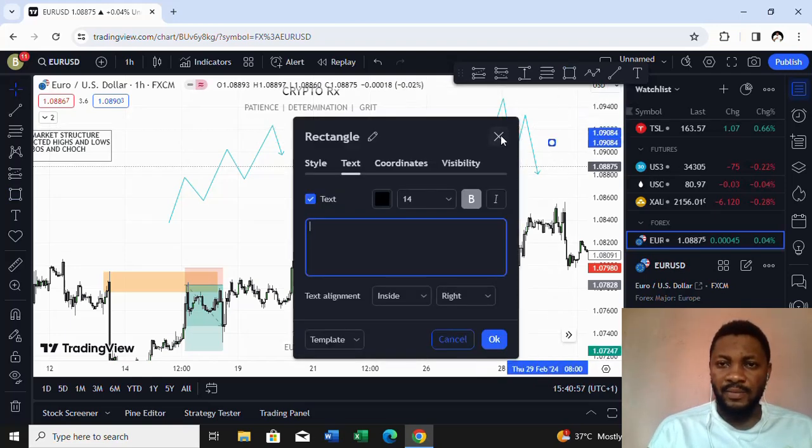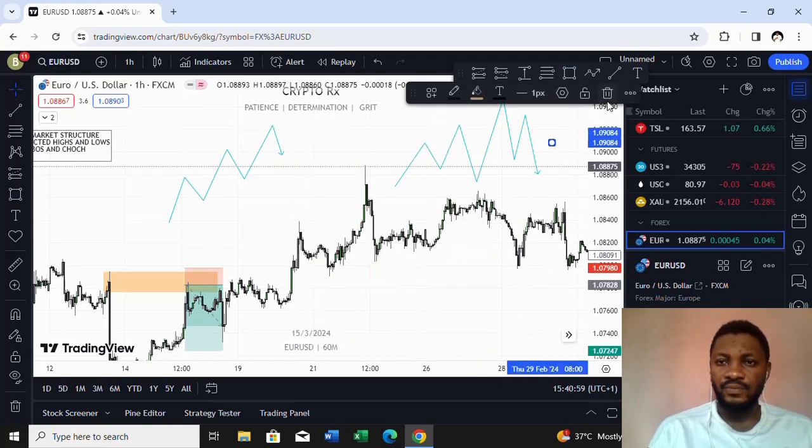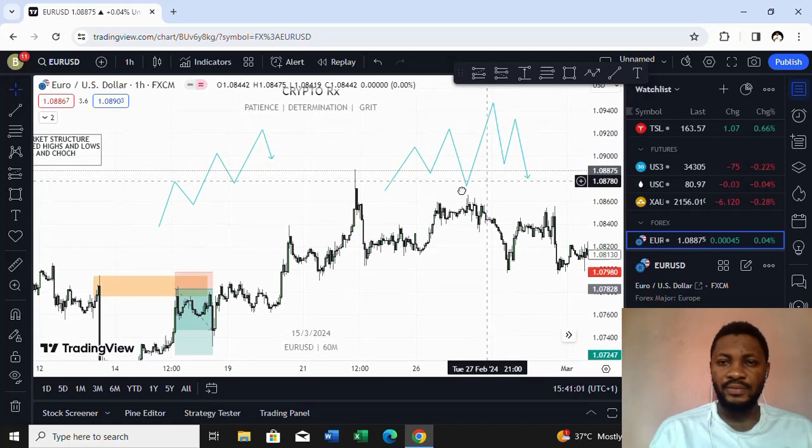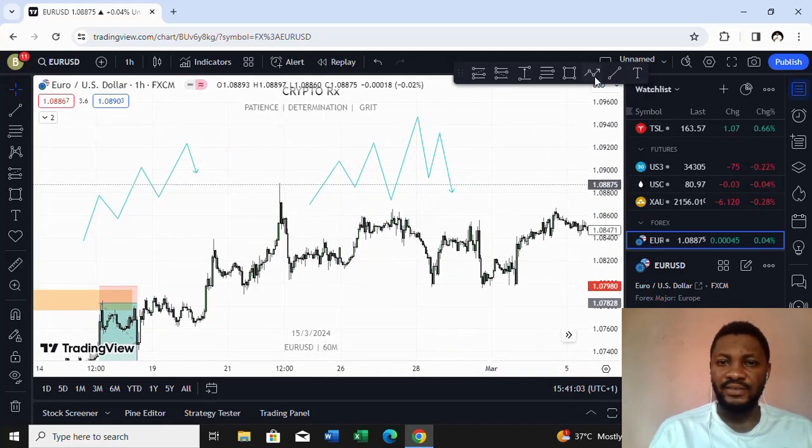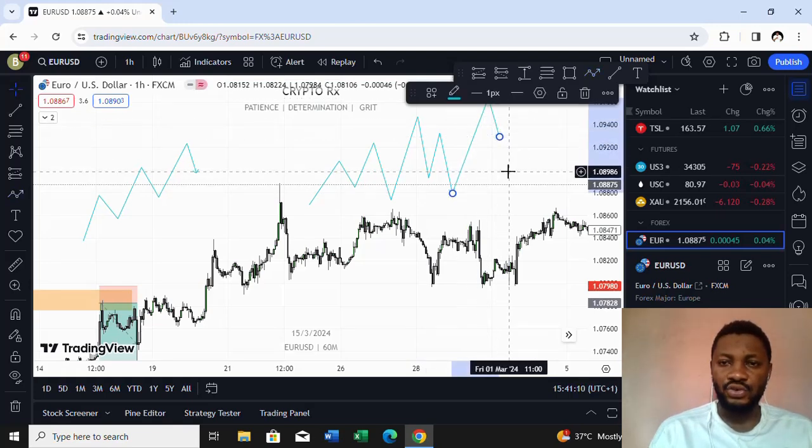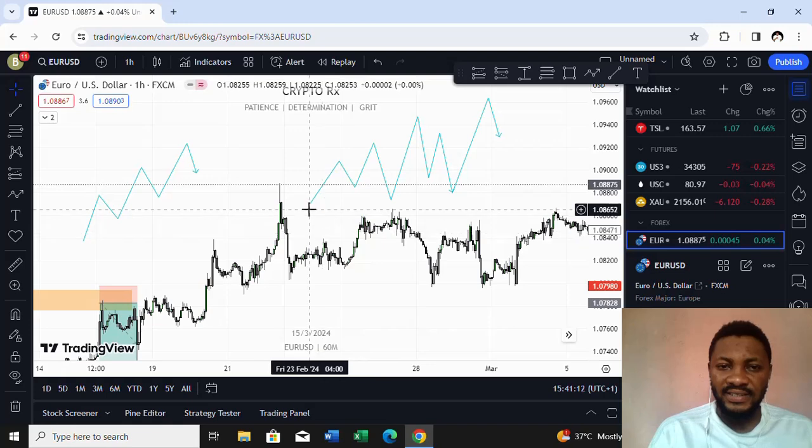Now let's take where the market moves this way. How are we going to identify the structure here? In this case, this is our low.